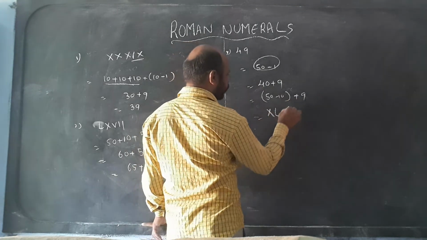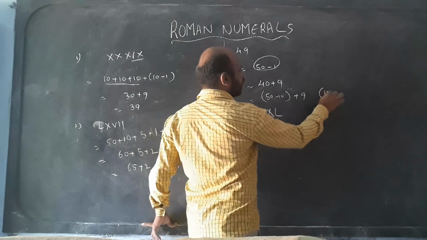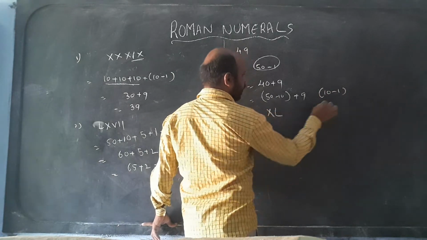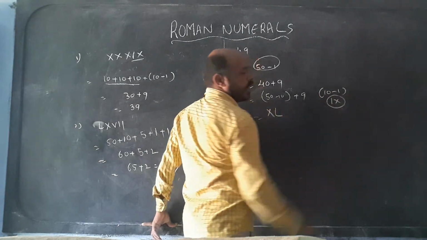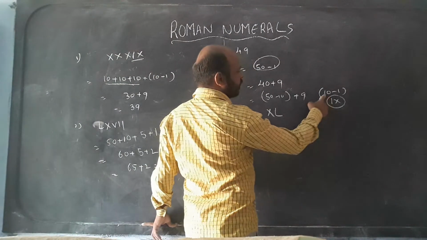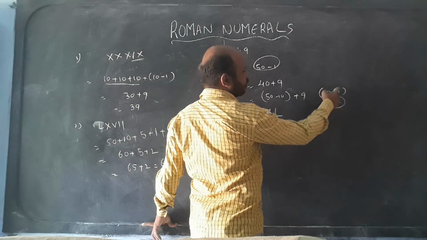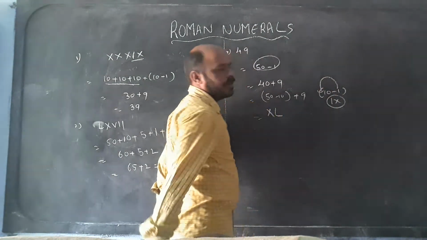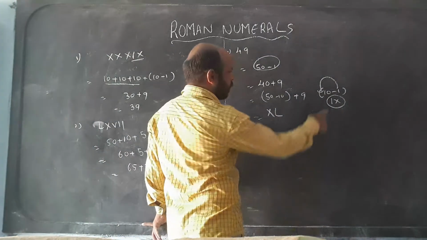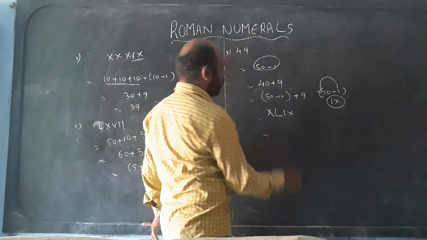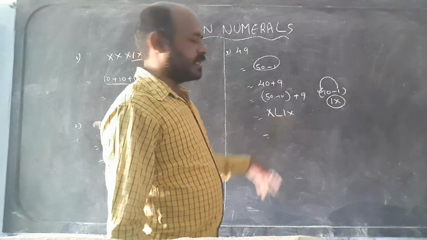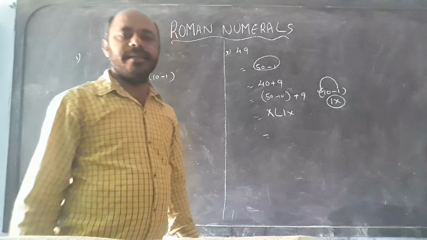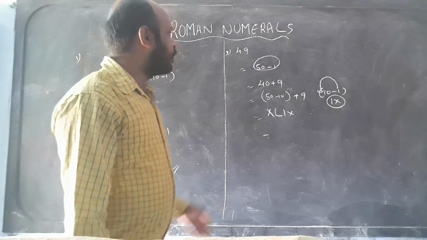Then 9 we write as 10 minus 1, that is IX, because the bigger number has the subtraction symbol, so we write the smaller Roman number on its left side. Then XL and IX: XLIX. This is the value of 49.